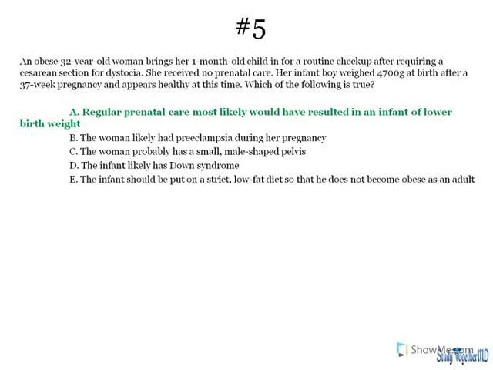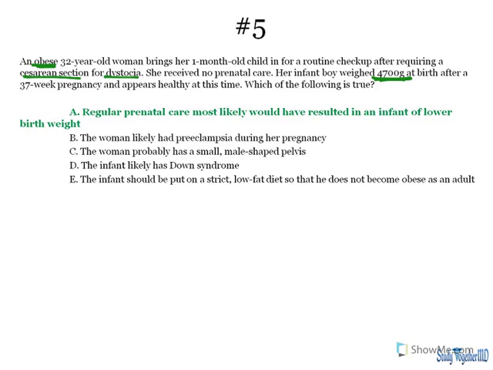And question number 5. Let's see what we got here. It's an obese woman with C-section because of dystocia, and the baby is quite big. So let's talk about dystocia first, just for a bit. It's an abnormal progression of labor or a failure to progress.